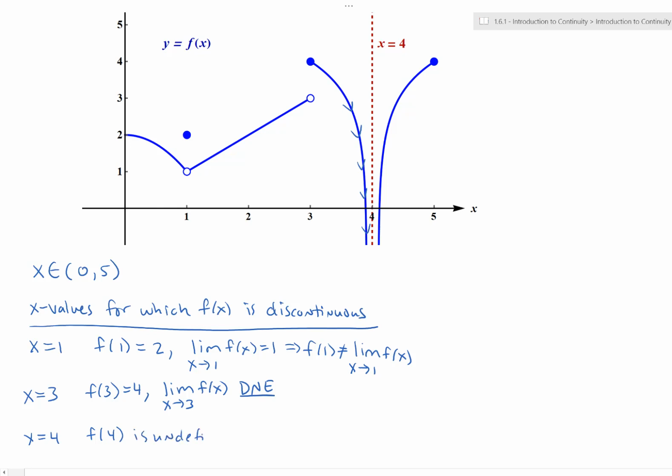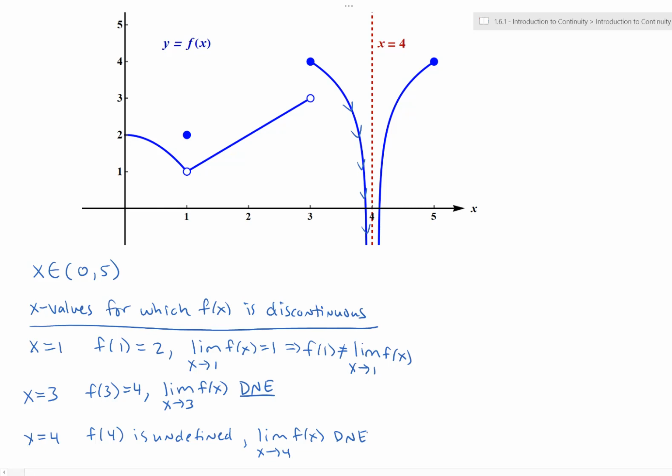It's undefined. So the end, we're discontinuous. However, we also note that even though as x goes to 4 from the left and the right, the function approaches negative infinity, the limit doesn't actually exist. So the limit as x goes to 4 of this function does not exist. So that thing just has a whole bunch of problems going on right there.